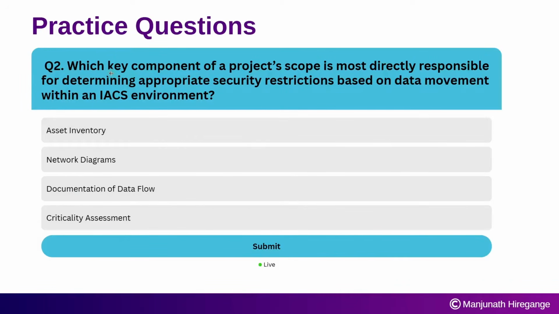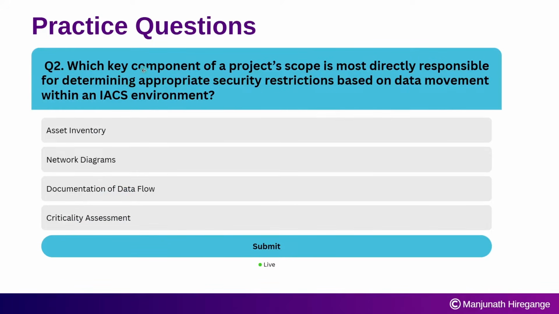Question number two, which key component of a project scope is most directly responsible for determining appropriate security restrictions based on data movement within an IACS environment? So what we are talking about is security restrictions based on the data movement. Your options are asset inventory, network diagrams, documentation of data flow, criticality assessment.